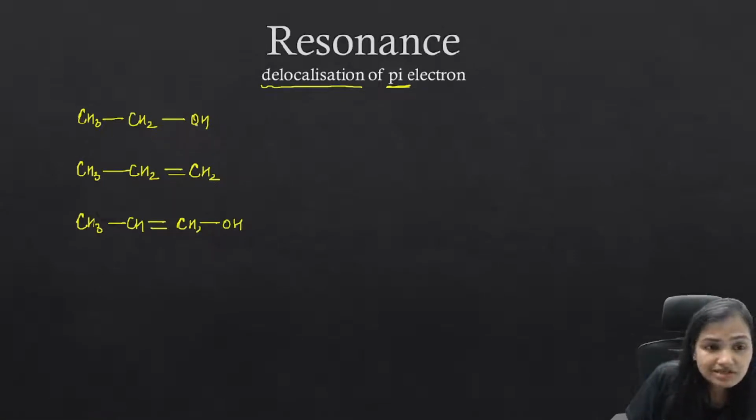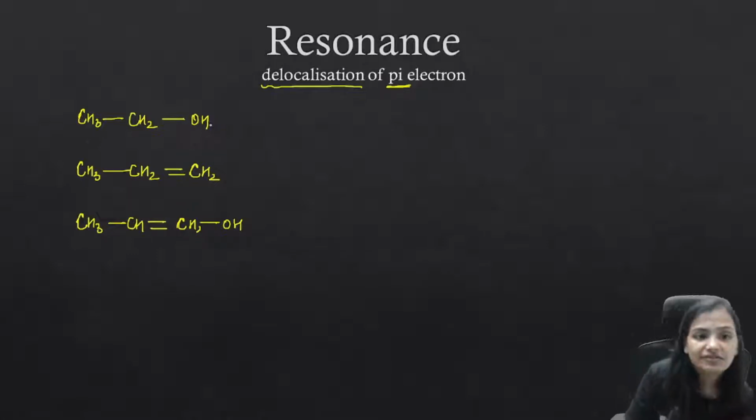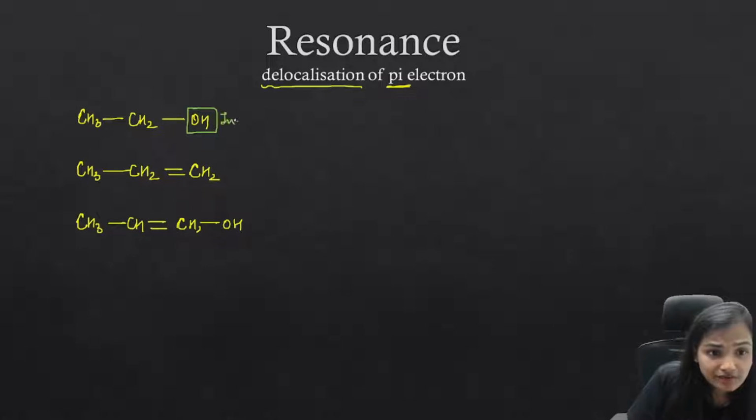Guys, if you would see, there we have only sigma electrons. So in the case of the sigma electron, the inductive effect could take place, right? So here this group will show the inductive effect. Here if you have a pi bond, the pi bond can be displaced in whichever direction, so the displacement of pi bonded electrons will take place. That is, here the electromeric effect can happen.